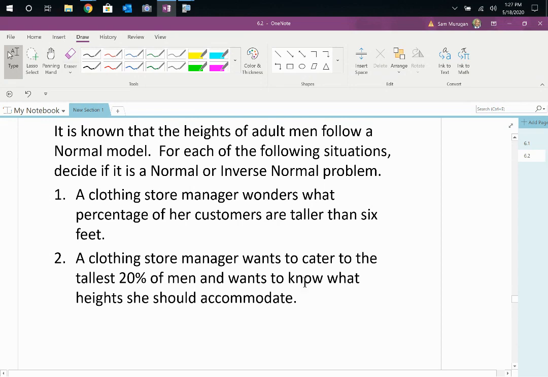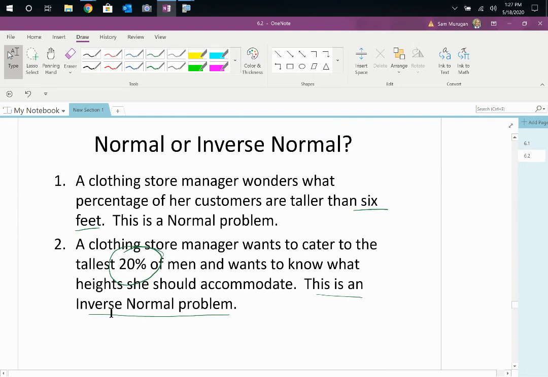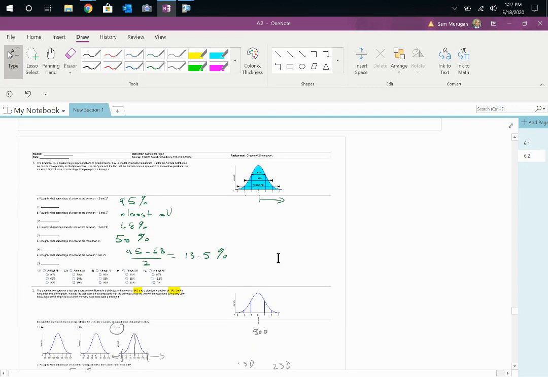The clothing manager wants to cater to the tallest 20% of men. Okay, so here we have a percentile. That's your clue right there that it is inverse. You're given a percentile, inverse normal. If the percentile is not given, then we're talking about the regular normal program, not an inverse normal.